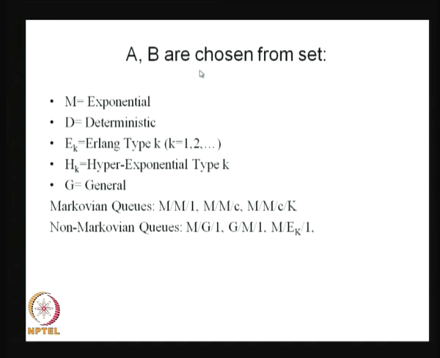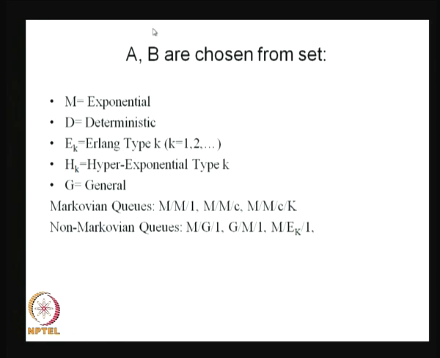The first two, A is for the distribution of inter-arrival time, B is for the distribution of service time, and both can be chosen from these letters. If you write M in the first place, that means the inter-arrival time is exponentially distributed.